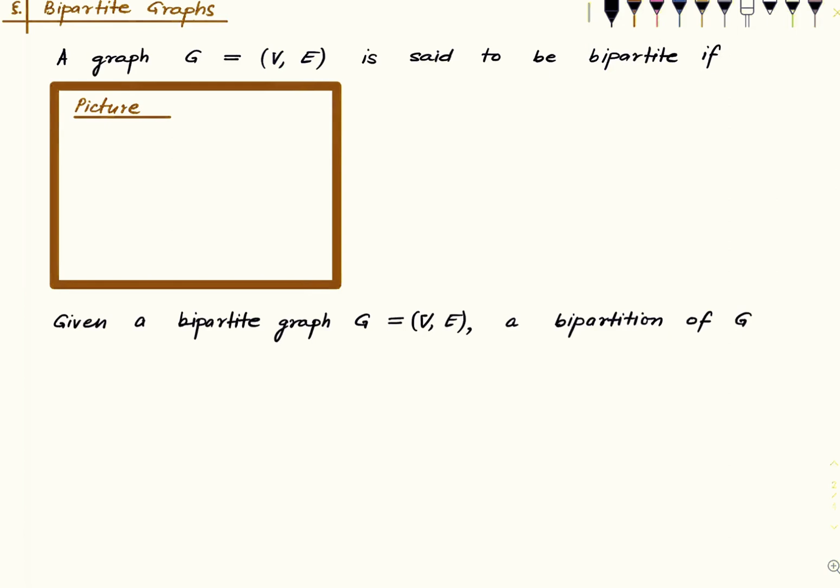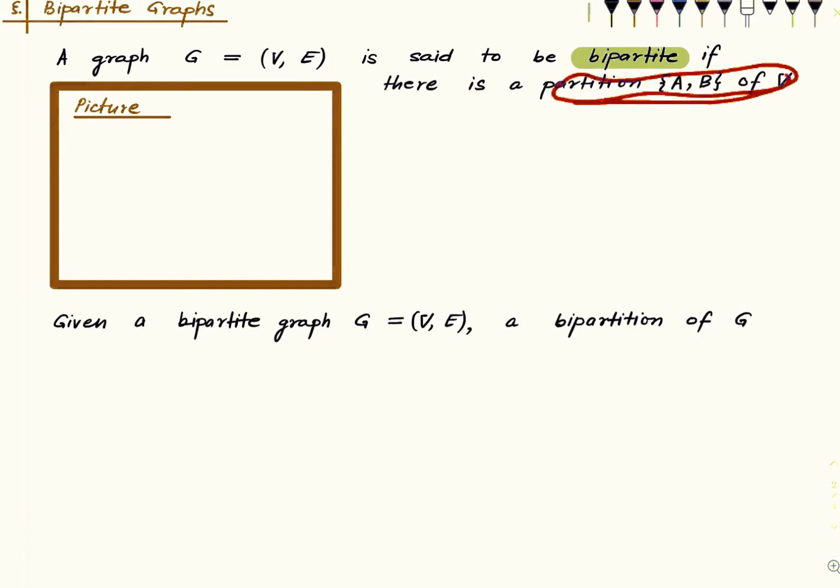So it is said to be bipartite if there is a partition A comma B of V. I will explain what this means, but let me write down the full statement.